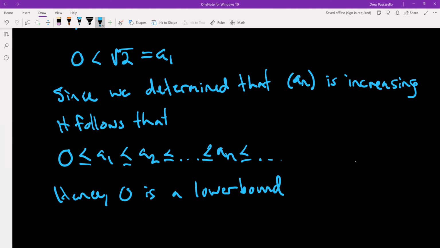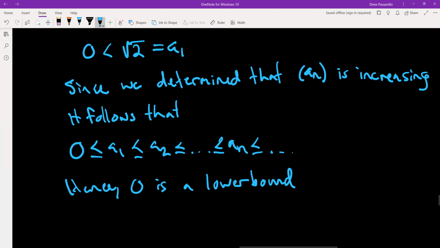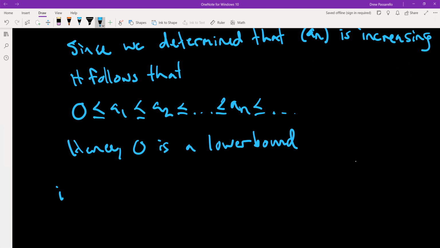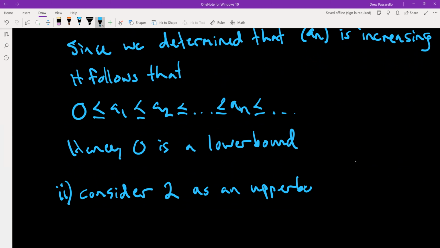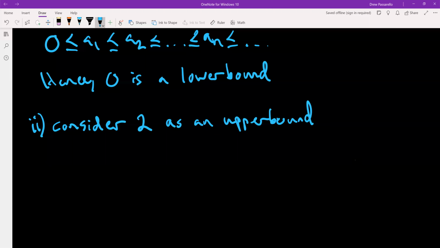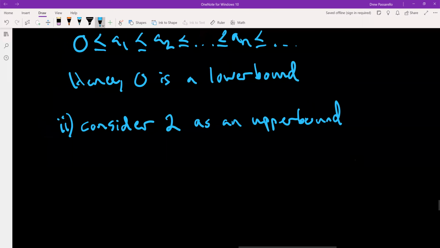All right, so that part's the easy part. Now we'll do the upper bound. Now I'm going to say consider 2 as an upper bound and show that it is an upper bound. And to do this, proving that it is an upper bound, I'll do an inductive proof.